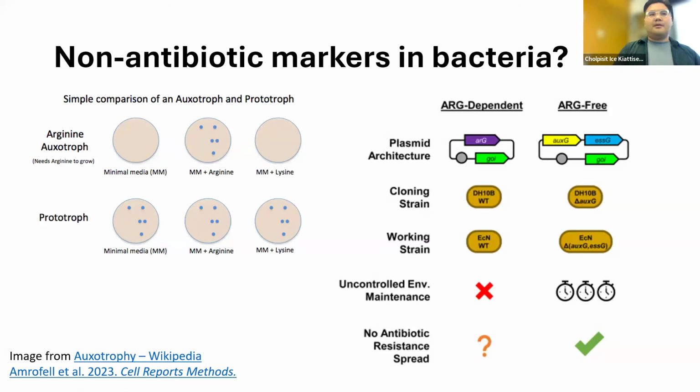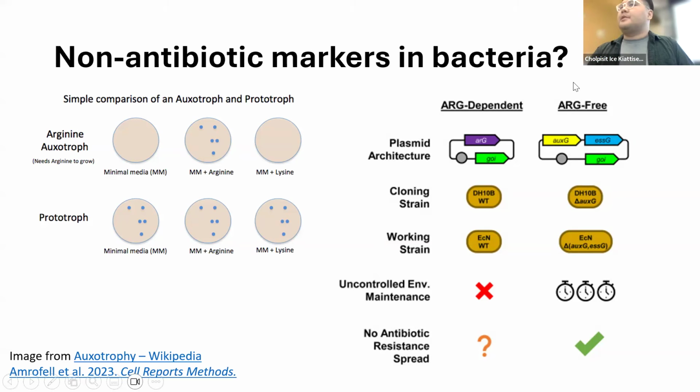This would be beneficial if you are making a lot of antibiotic resistant DNA in the group and you want to make sure that you can dispose of it 100%. That's pretty difficult because DNA is a pretty stable molecule, and you don't really want to throw DNA out and disperse it into the environment. So not having it at all will be pretty safe if you think about the containment side.